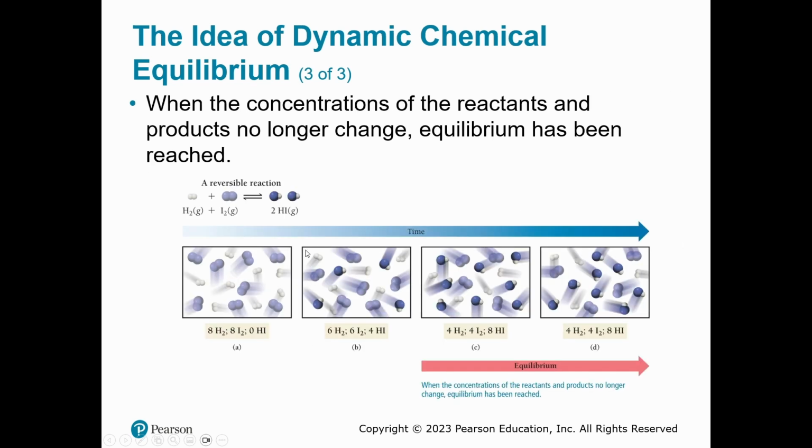If you were able to track these molecules in solution, if you could put a 1 on this hydrogen and a 1 on that iodine and number every single atom, you would see that the atoms that are pairing together as time goes on, even though the concentrations have reached an equilibrium, will constantly be shifting partners.